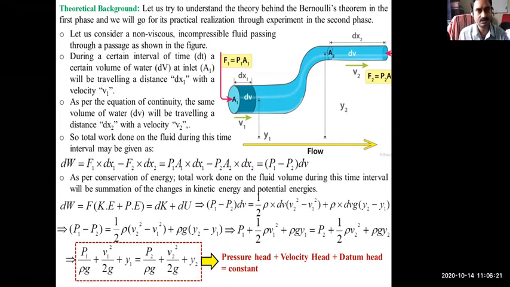This is Bernoulli's theorem. At any point on the streamline, the pressure head plus the velocity head plus the datum head is constant. That is the statement of Bernoulli's theorem, which is indirectly a statement of the conservation of energy.